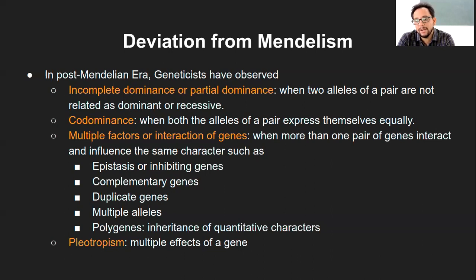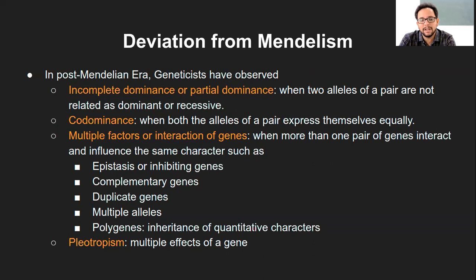Now, when more than one pair of genes interact and influence the same character, for example skin color, and there is more than one pair of genes involved in deciding which skin color or which eye color or which hair type it should be, those different phenomena are epistasis, that is inhibition of one particular gene, complementary genes, so they are complementing each other. Then duplication of the gene, that is another phenomenon.